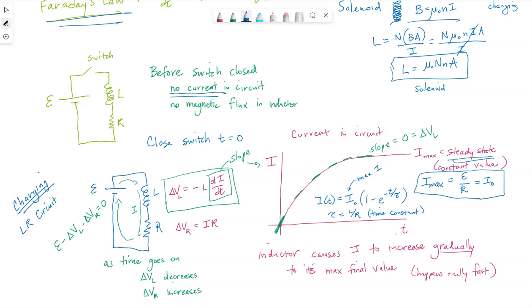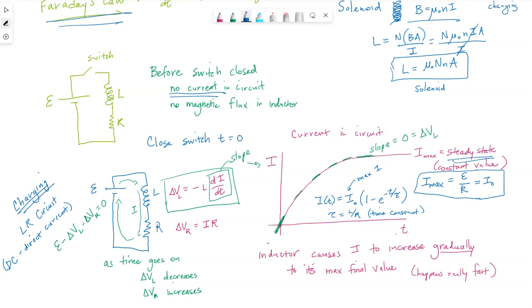This is still considered a DC circuit. I don't know that I've mentioned that before. DC means direct current. It means there's a constant potential difference supplied to the circuit.